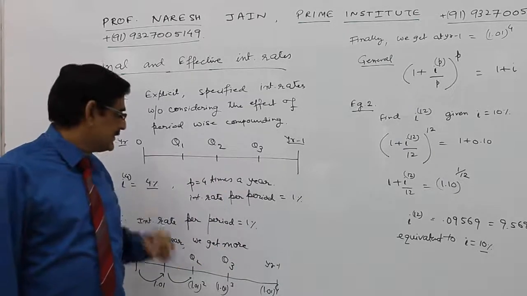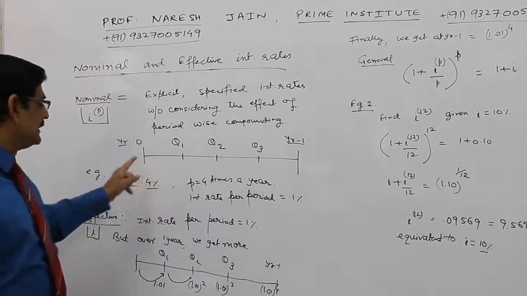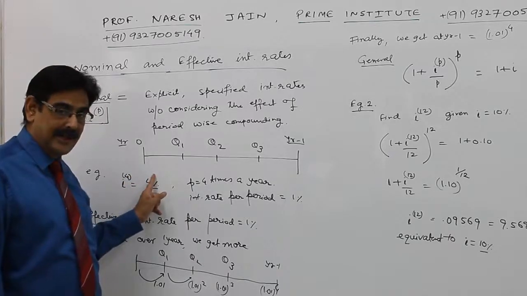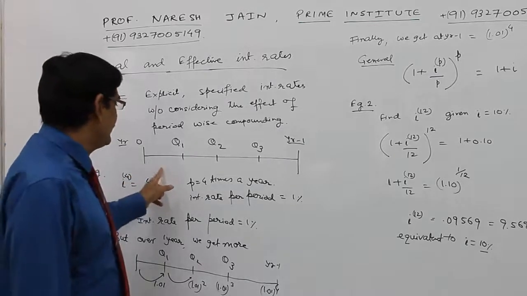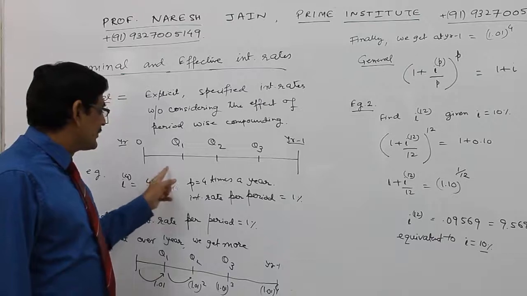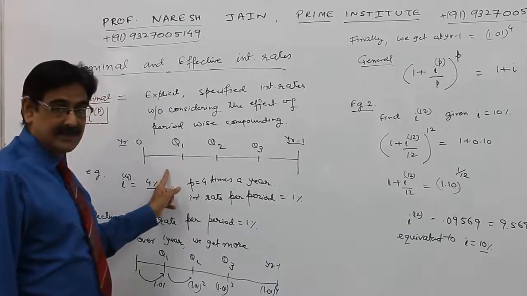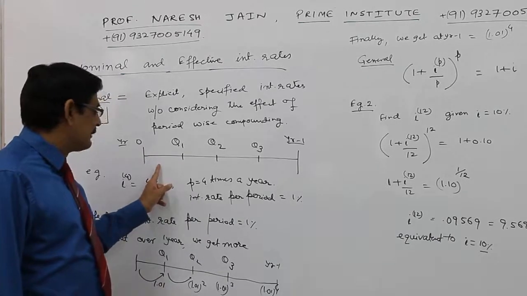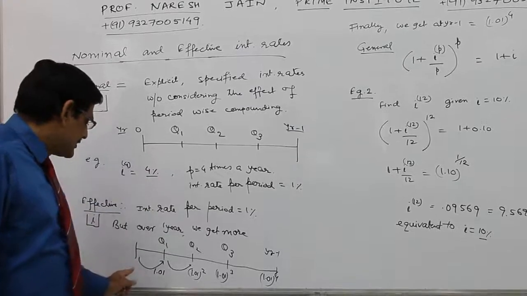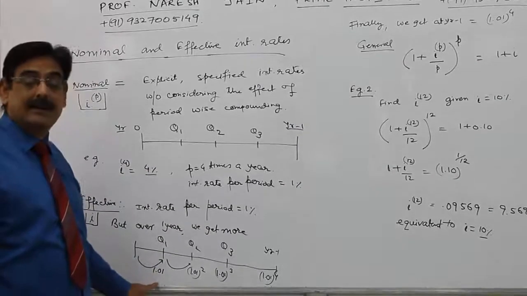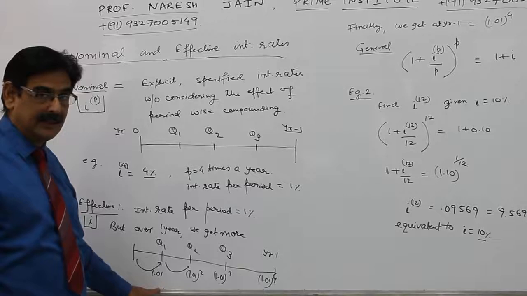The reason is very simple. If you invest 1 rupee today, and the interest rate per period is 1%, then at the end of the first quarter you will get 1.01.